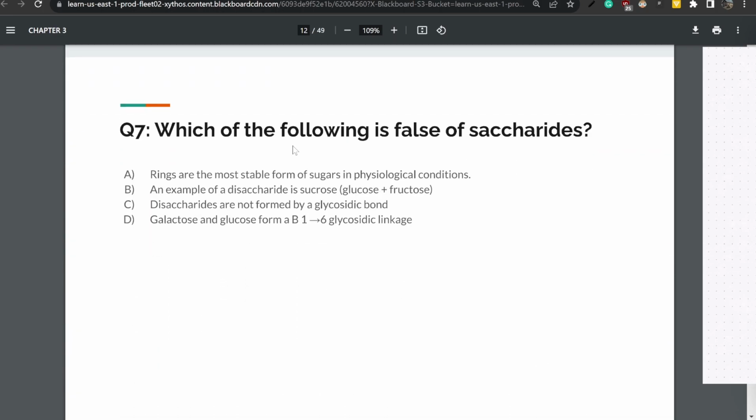False saccharides. See this? There's a bunch of disaccharides to memorize, so I'm gonna write down disaccharides.